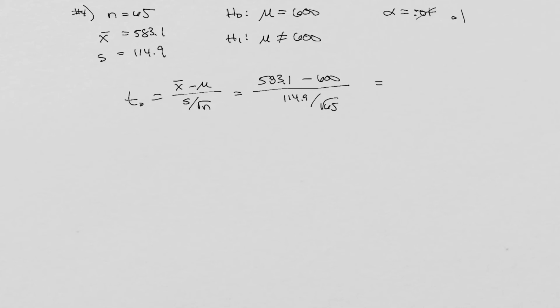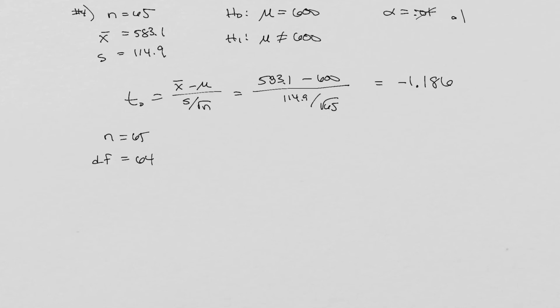And if we do that, I get a t-score of negative 1.186. Right? All right, so for this one, I took a sample of size 65, which means my degrees of freedom, which is 1 less than that, is 64. Okay? So this is our setup.